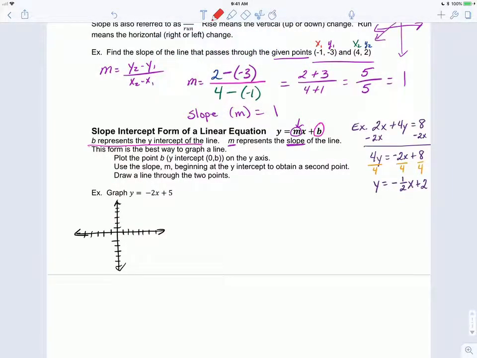So the b term here would be the 5 that's at the end, and that is our y-intercept. So we have a y-intercept at 5. Well, again, what does that mean? That means it's going to be where it crosses the y-axis. So given that information, we also know that ordered pair would be at 0, 5.